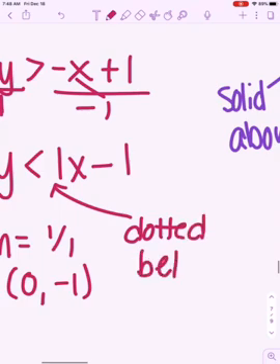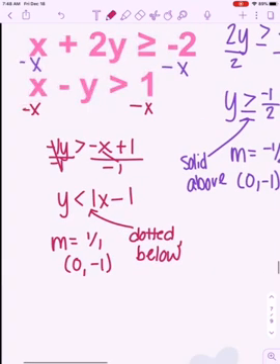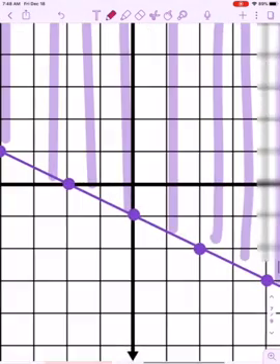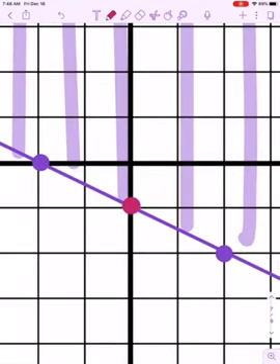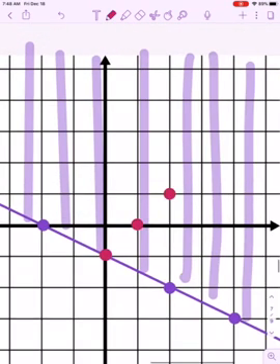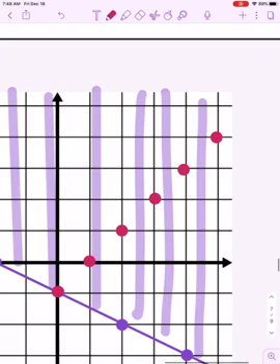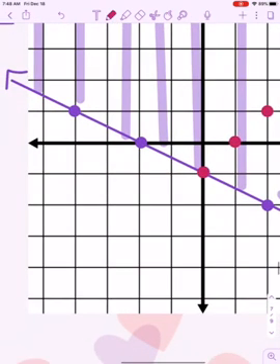This is going to be dotted and below. So negative 1 is my starting point, so actually it's the same starting point. And then up 1, right 1.